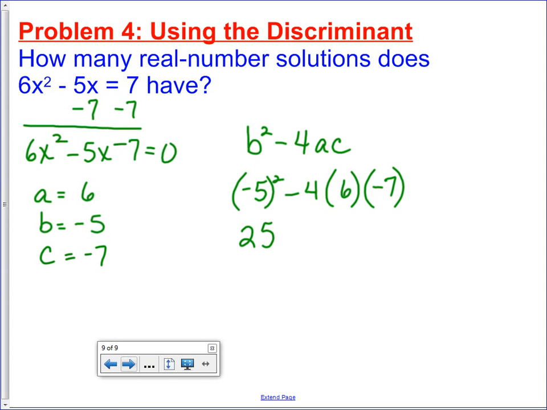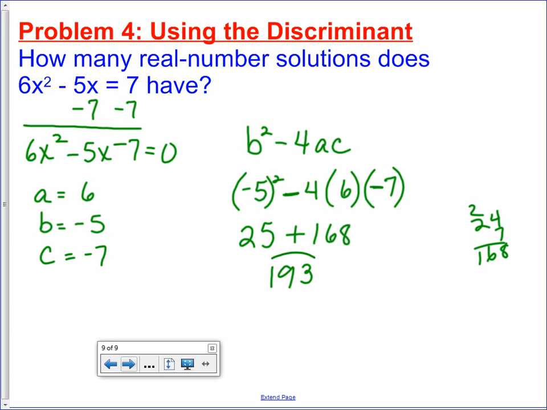Evaluating the discriminant, I get 25 minus 4 times 6 is negative 24 times 7 is 168. And my negative minus sign here and my negative here will make this plus. So 25 plus 168, and that is a total of 193.